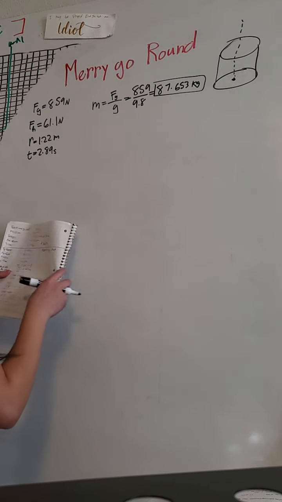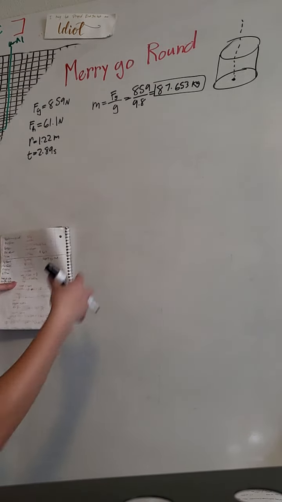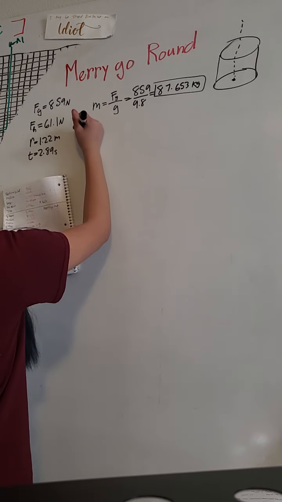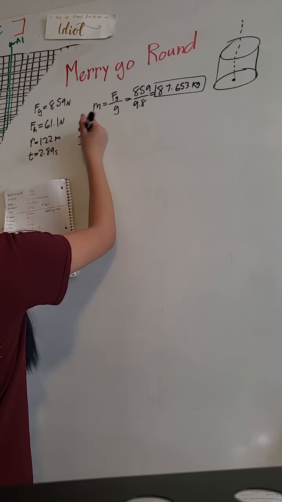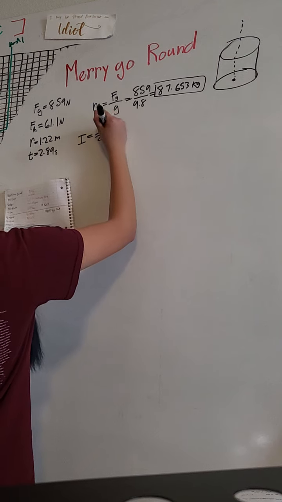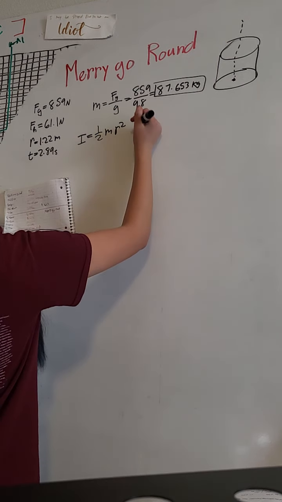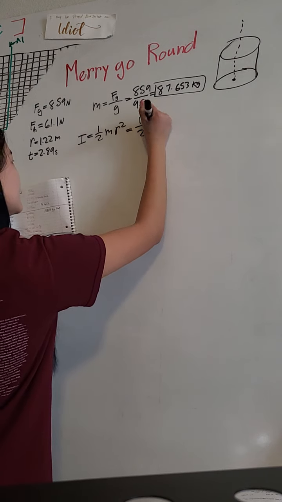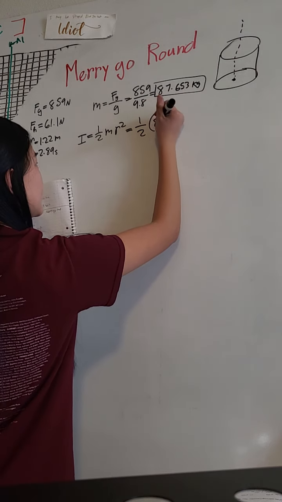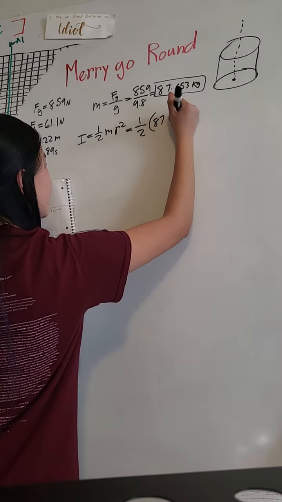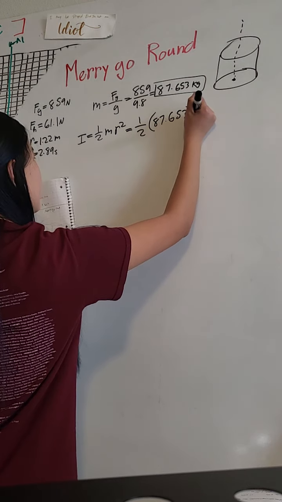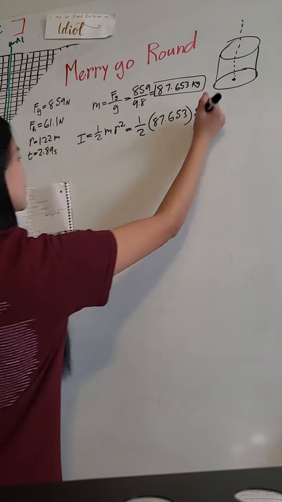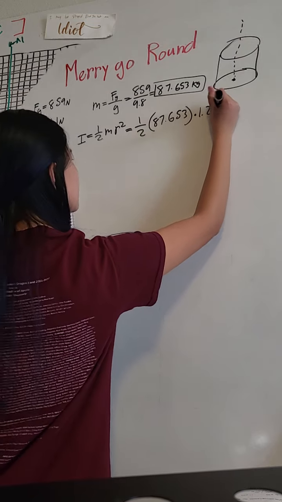The next thing, like I said before, we need to find the moment of inertia. The moment of inertia is calculated by I equals 1/2 mr squared. If we sub in the numbers, we have 1/2 times the mass, which is 87.653, times the radius, which is 1.22 squared.